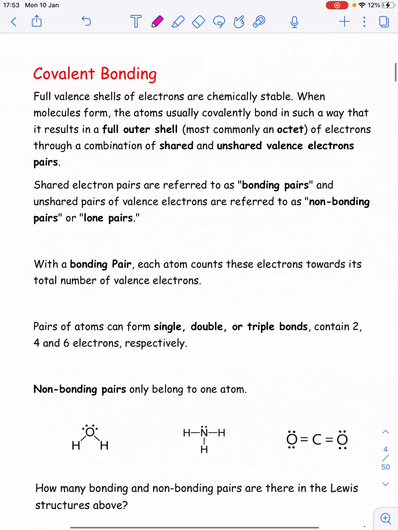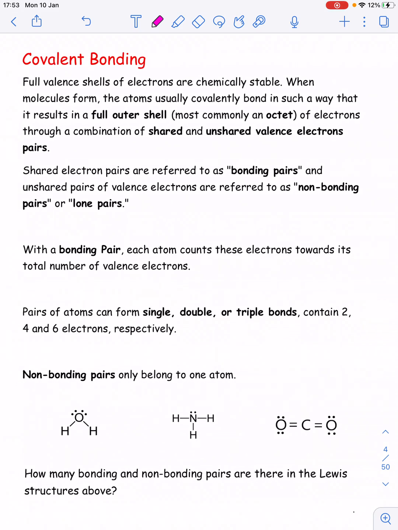Okay, last thing for this video is that typically when elements are covalent bonding, they do so in such a way that they end up with a full outer shell, usually an octet of valence electrons. And they get that through a combination of shared electron pairs and unshared valence electron pairs. The ones that they share with one another are called the bonding pairs of electrons, and the ones that they keep to themselves are called the non-bonding pairs of electrons.